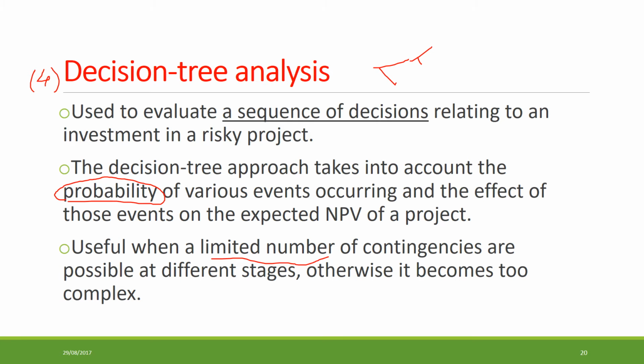So we want to see something like this, not something too complicated. If there are so many probabilities in the future, the decision tree analysis will become so complex that it becomes less useful.